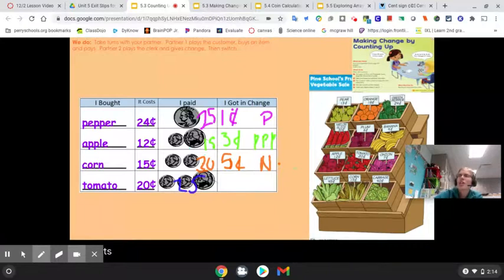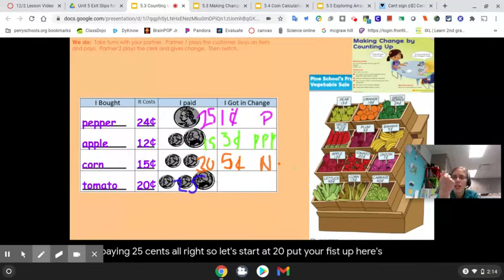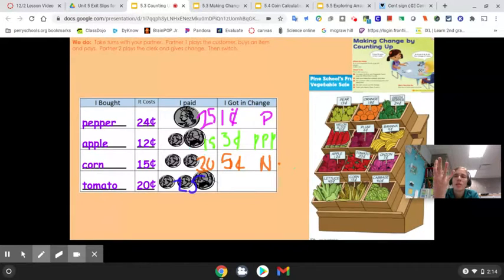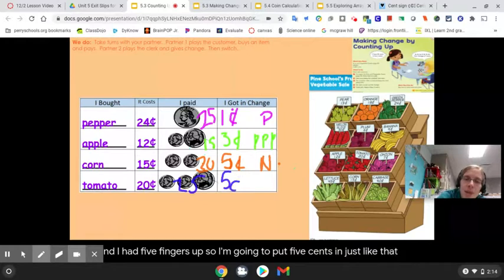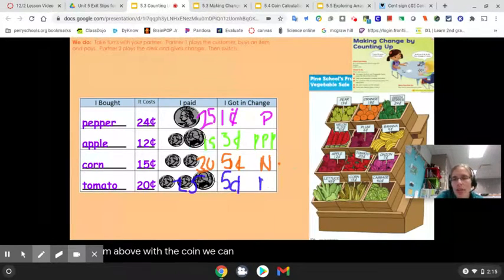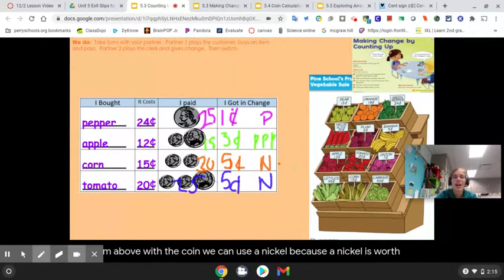All right, so let's start at 20. Put your fists up. Here's 20, 21, 22, 23, 24, 25. We're stopping at 25, and I had 5 fingers up. So I'm going to put 5 cents, and just like the problem above with the coin, we can use a nickel because a nickel is worth 5 cents.